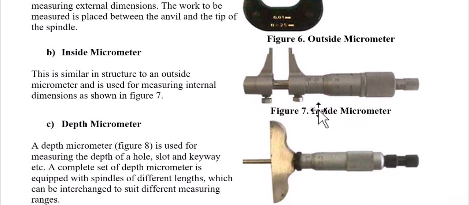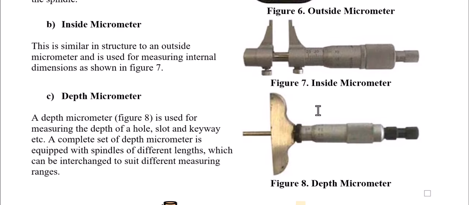The third one is the depth micrometer. This depth micrometer is used to measure the depth of the hole. How deep is the hole? So we are going to insert this pin inside the hole, and this one should be a guide on the top of the hole.